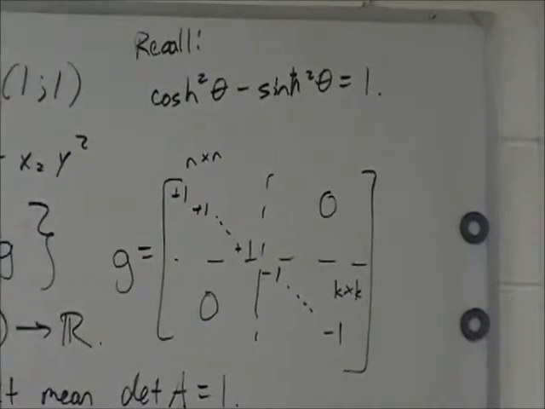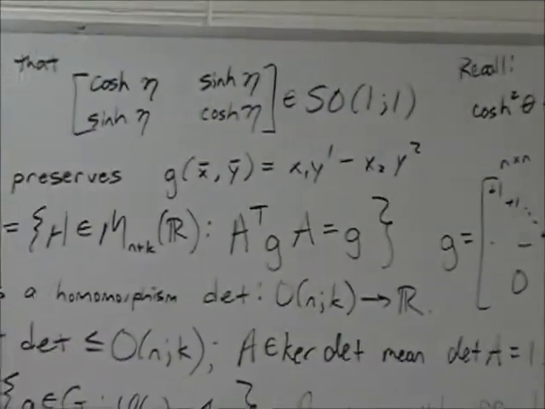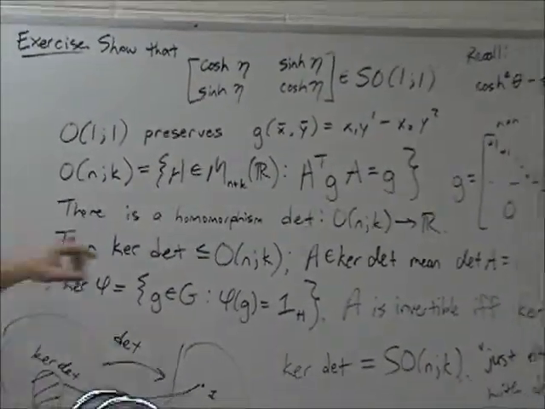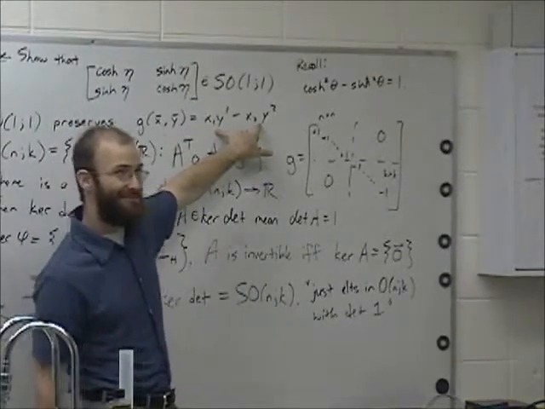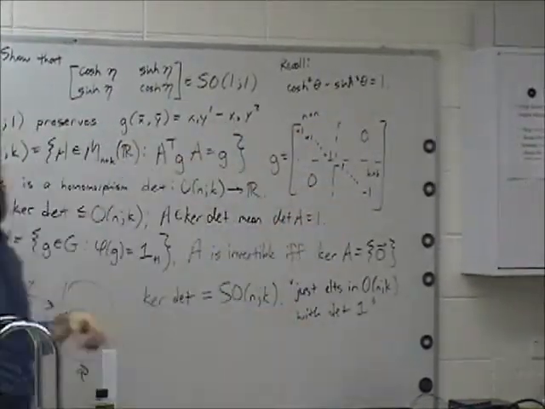I'm pretty sure it's cosh squared minus sinh squared. So this one has a negative sign, and notice, it's a squared minus b squared. It's got what you're looking for. Okay, that's what's going on there.